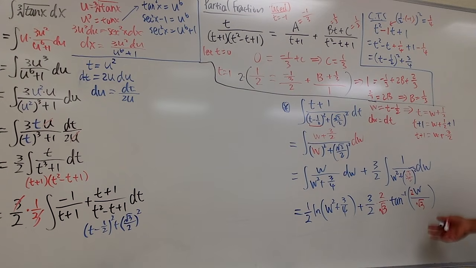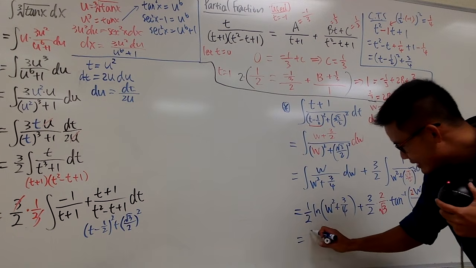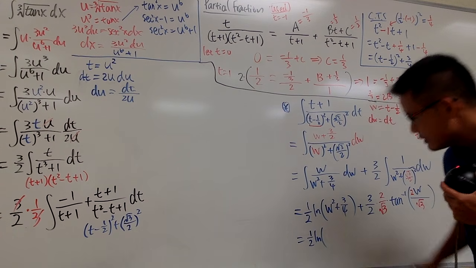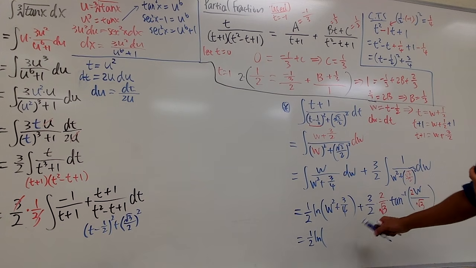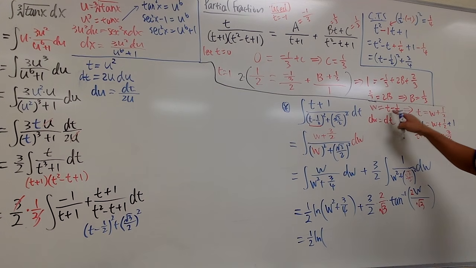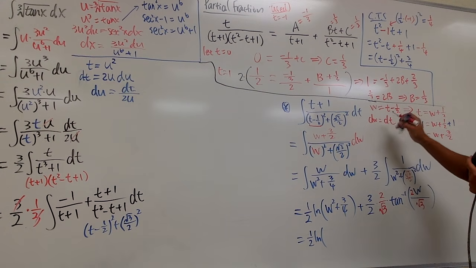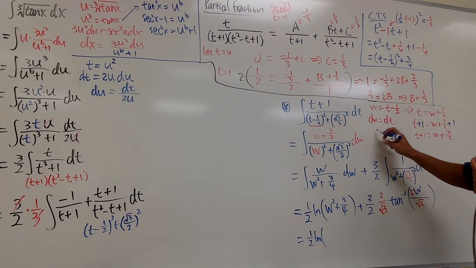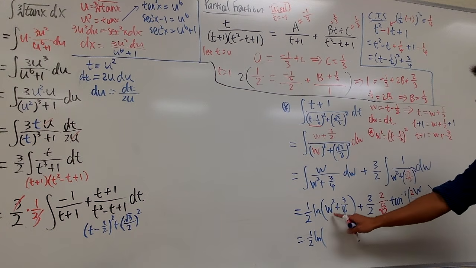And that's pretty much it. I just have to take this back to the t world, which I will do right here for you guys. This is 1/2 ln parentheses, and check this out. W is what? W is t minus 1/2, right? So w squared is the same as t minus 1/2 squared, right?